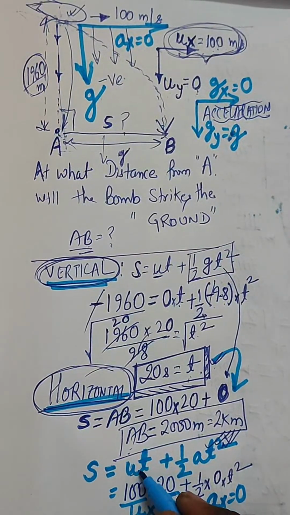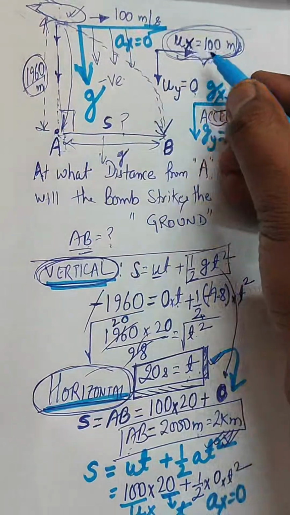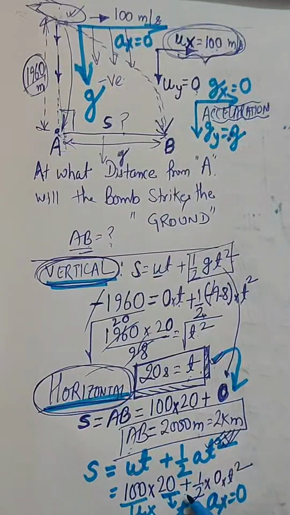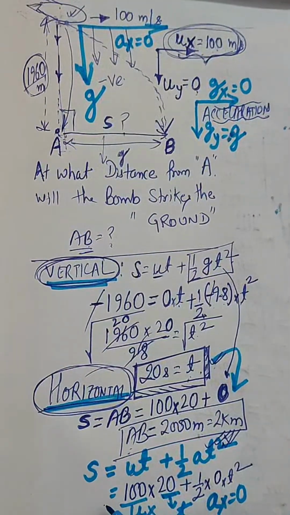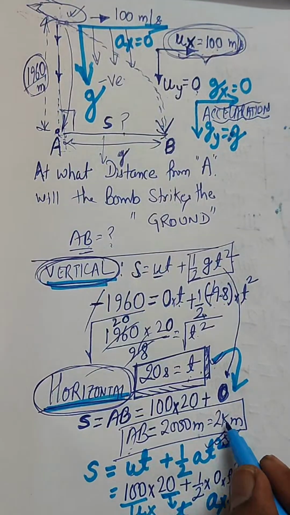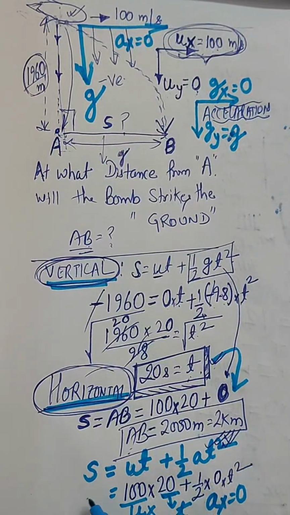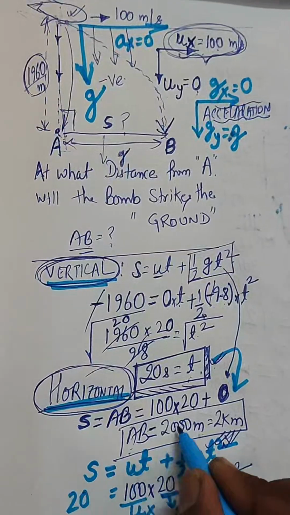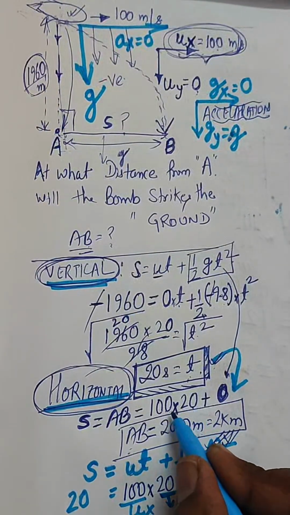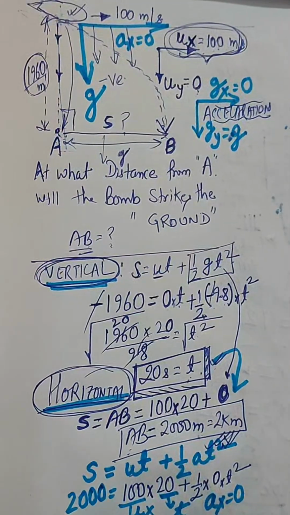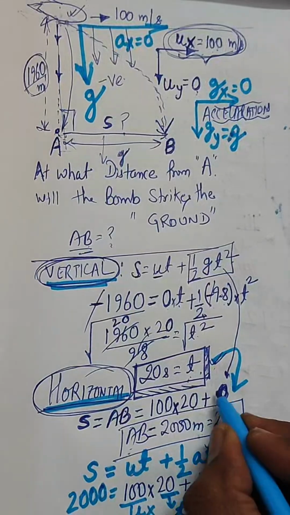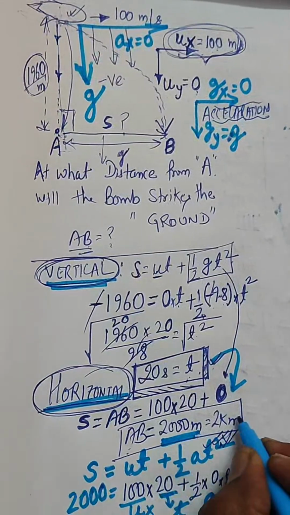And the initial component of the horizontal motion is ux, and ux is 100, so 100 into 20 plus half at square, but the acceleration in the horizontal direction is 0, right? So that's why you get the value of s as 2000 meter: 20 into 100 is 2000. So 2000 meter is your answer.